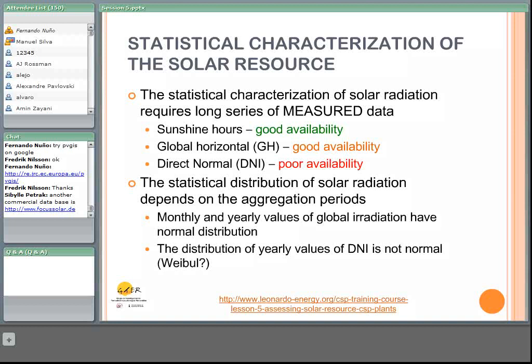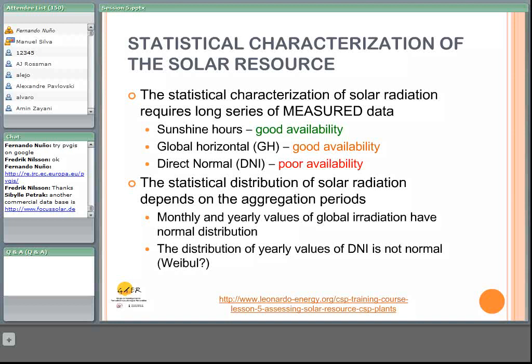For this characterization, again, we can use as resources the sunshine hours, because there's a good availability of data. The problem is that they are not very precise, but they can show some kind of evolution or trends in the evolution of the solar resource in a given site.